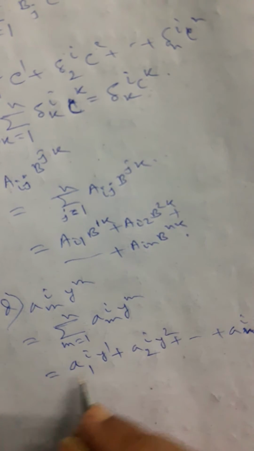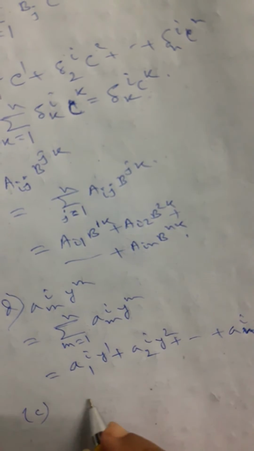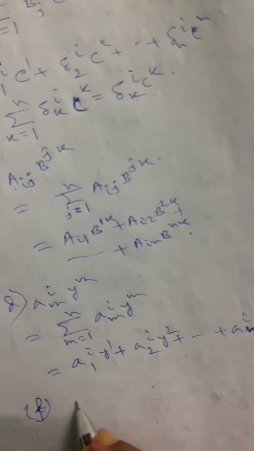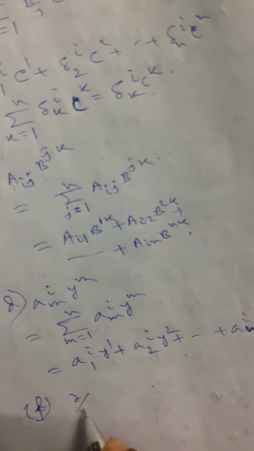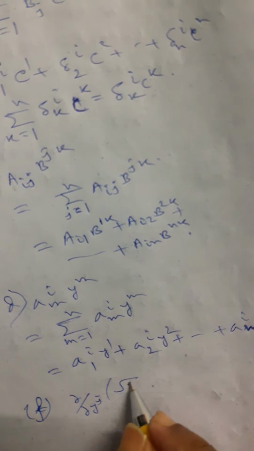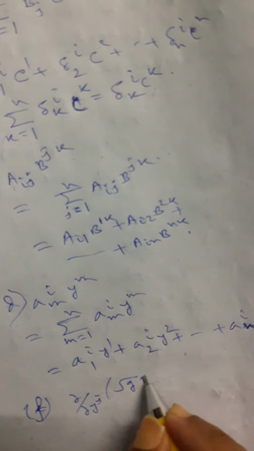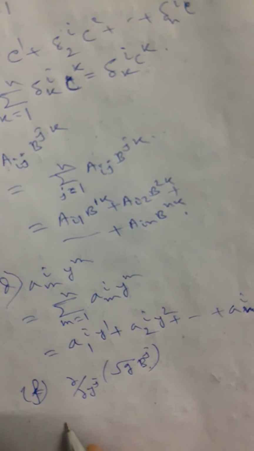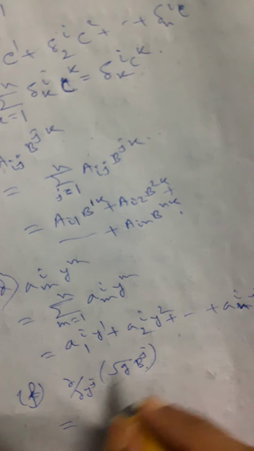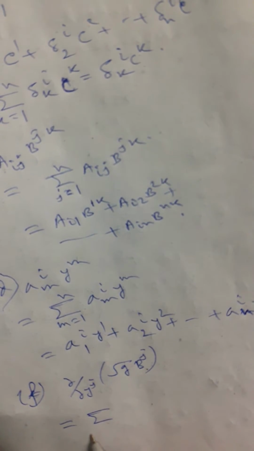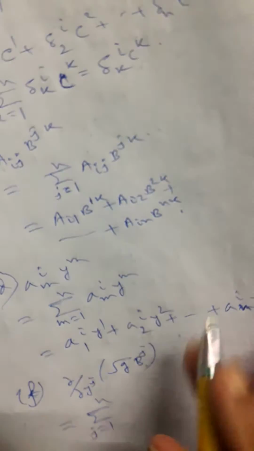So far we have done a few examples. Now one more example to be considered: del x / del y_j times root g b_j. Here also taking the summation convention over j, j runs from 1 up to n.